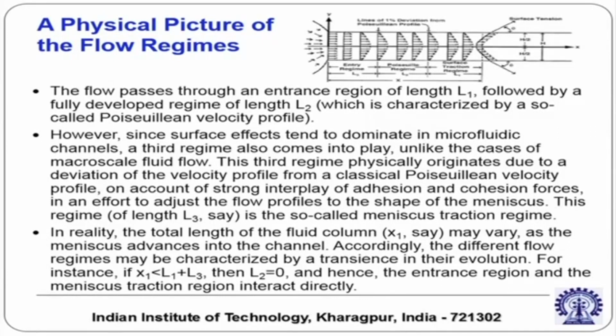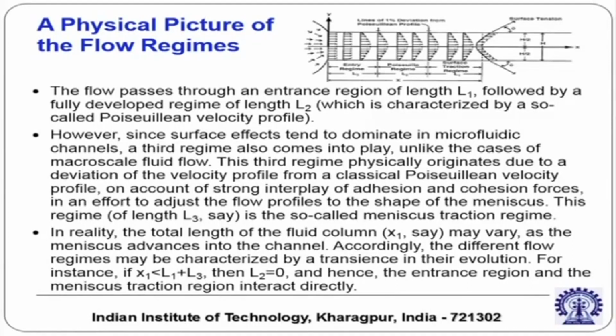Then there is a third regime which is normally not encountered in a channel entirely filled with the same liquid, but here there is a channel which is partially filled, so that there is a meniscus. Now, the velocity profile at the end close to the meniscus should adjust to the shape of the meniscus, right? You can clearly see that the shape of the meniscus does not conform to a parabolic velocity profile.